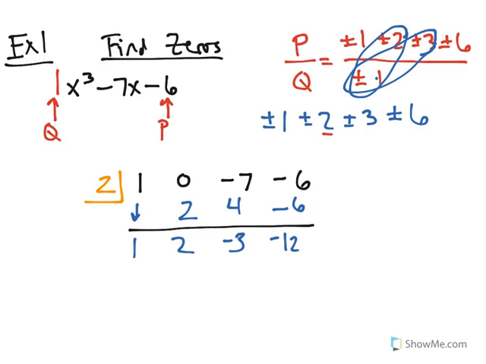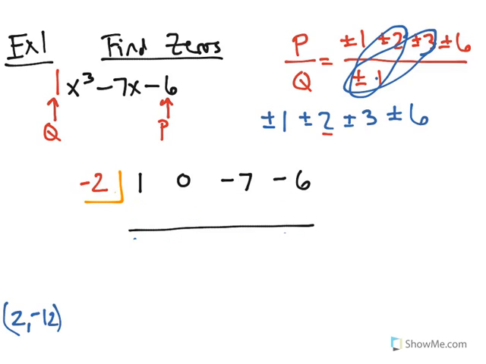But I do know that if I plug 2 in for x, I will get the point 2 and negative 12, since that's the remainder. So now I need to find something that works, but I know 2 won't work. If I try negative 2, I have the 1, negative 2 times 1 is negative 2, 0 minus 2 is negative 2, negative 2 times negative 2 is 4, I get a negative 3, negative 2 times negative 3 is positive 6.